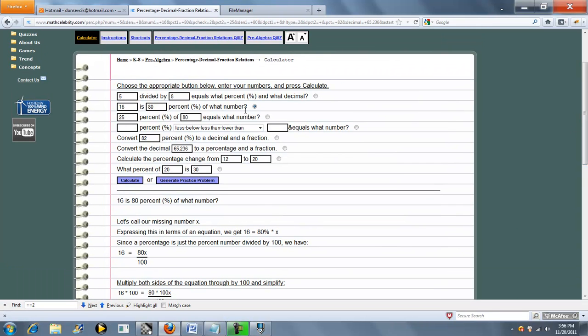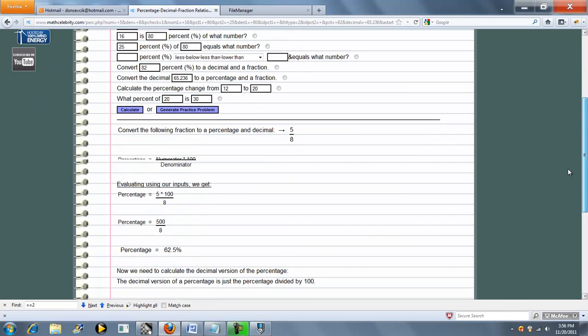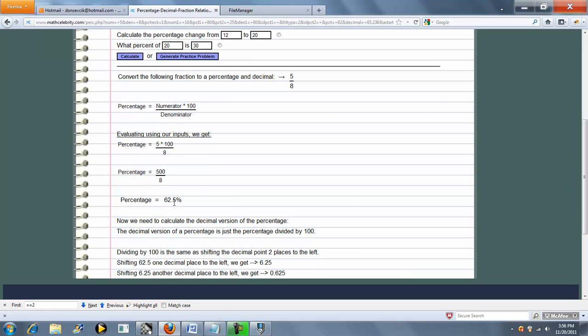We'll try this scenario. 5 divided by 8 equals what percentage and what decimal? So we're converting a fraction to a percentage and a decimal. So 5 divided by 8, our percentage is 62.5. But then we convert that 62.5% to a decimal in this section here.